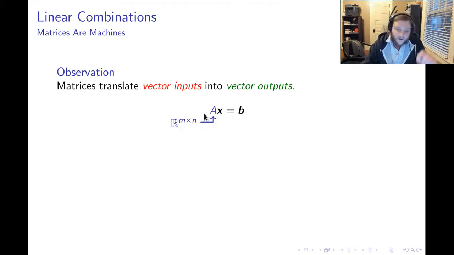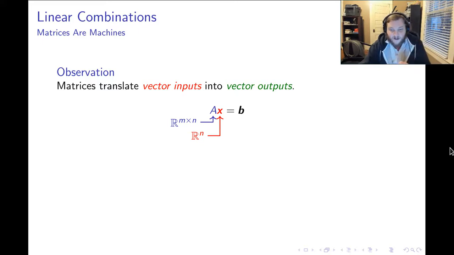And remember, in order to take a matrix and multiply by a vector, the number of coordinates inside of the vector must be the same thing as the number of columns of the matrix. So when we write Ax equals b, we're implicitly stating that x belongs to R^n if A has n columns.